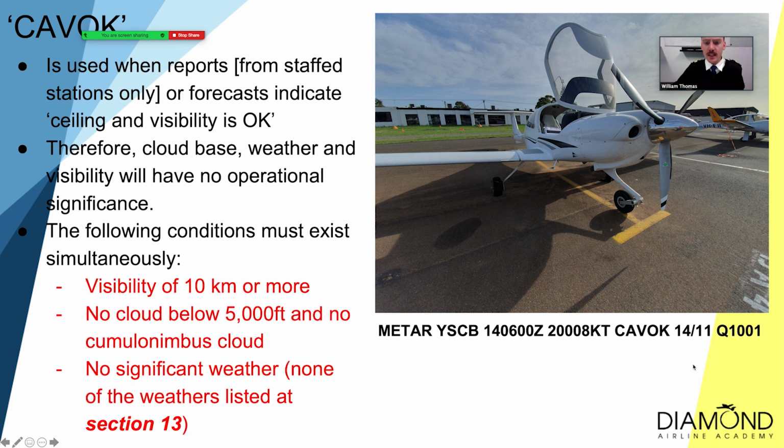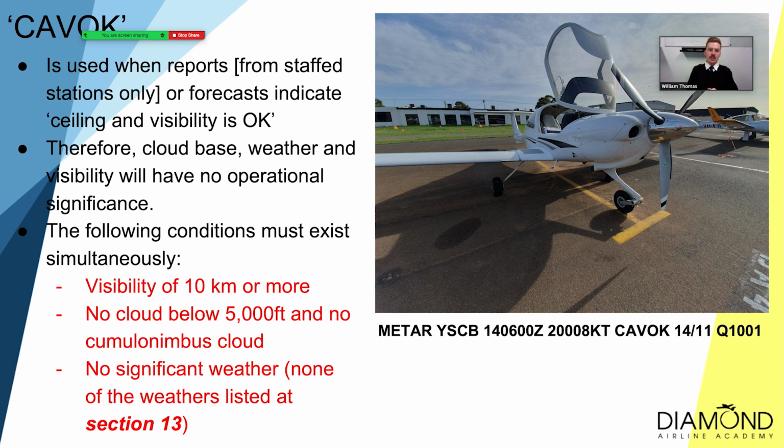CAVOK, so we'll often see CAVOK. What does CAVOK actually mean when I see that on a forecast? It's used when reports or forecasts indicate ceiling and visibility OK. What's the definition of ceiling and visibility OK? Cloud, weather and visibility have no operational significance.